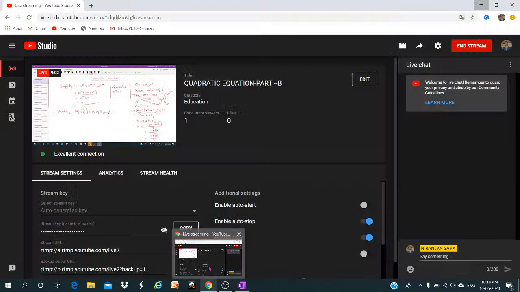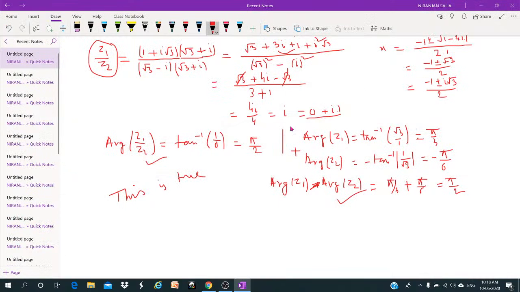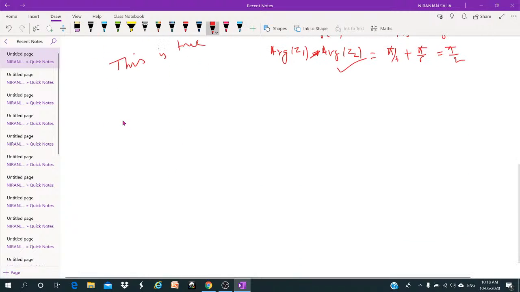Now let's take another example. A very important one: find out the square roots of complex numbers.